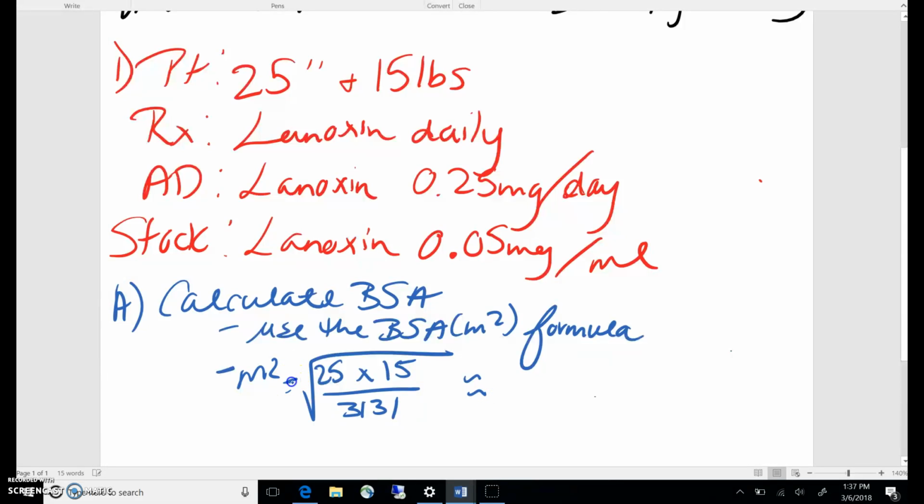So I use body surface area formula number 2. You're going to take the square root of your entire number and round that body surface area to the 100th place, and your answer should be 0.35 meters squared. Okay?